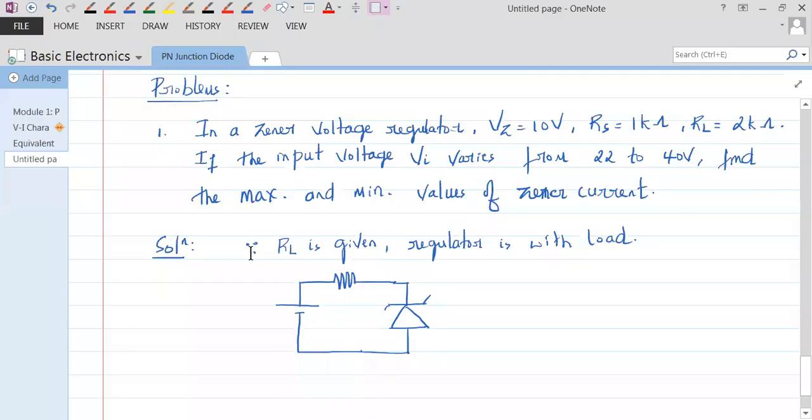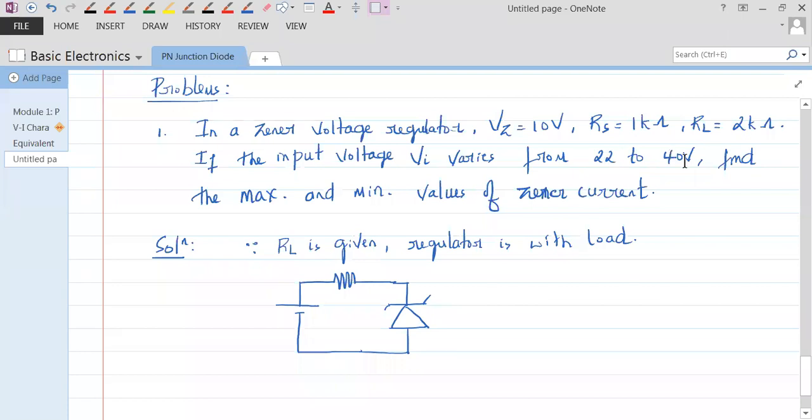Since RL is given, see here, VZ is 10 volts, RS is 1 kilo ohm, RL is 2 kilo ohm. What we have to find is the maximum and minimum value of Zener current for 22 volts and 40 volts of VI. It varies from 22 to 40 volts, meaning VI minimum is 22 volts, VI maximum is 40 volts.